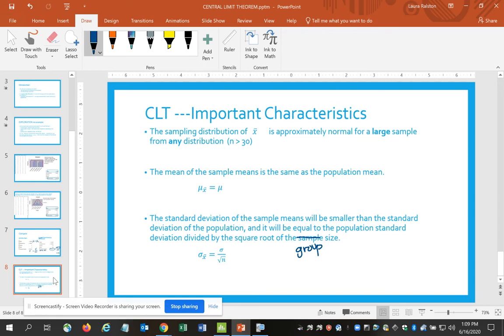The mean of the sampling distribution will be equal to the mean of the original population, and the standard deviation is smaller: we take the original standard deviation and divide it by the square root of n, and n is our group size.